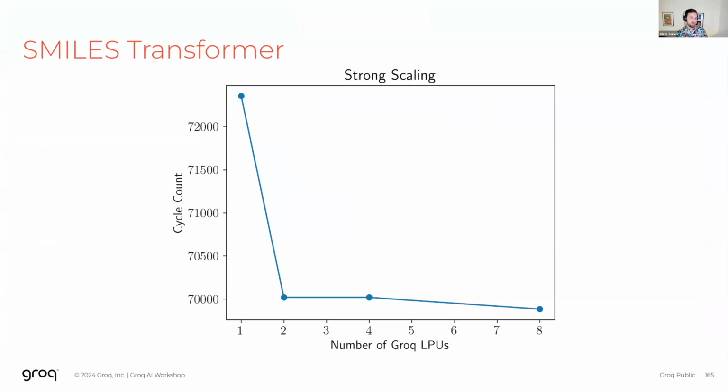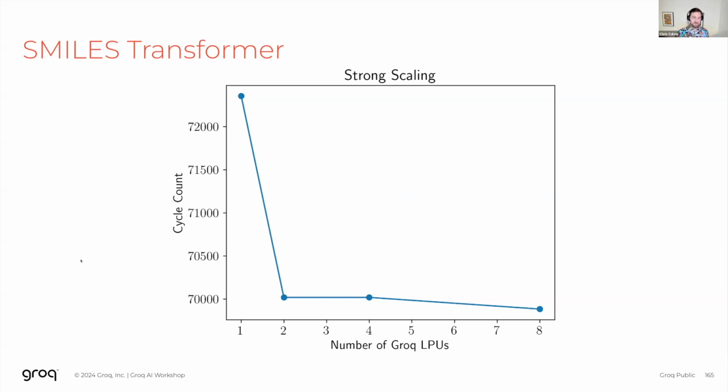Here, the only difference is that I've used, to generate these points, the flag effort is high, as opposed to the default, which is standard. So that's the different optimization levels that Philip talked about. And so there's really just no benefit for this particular model to be parallelized across multiple cards.